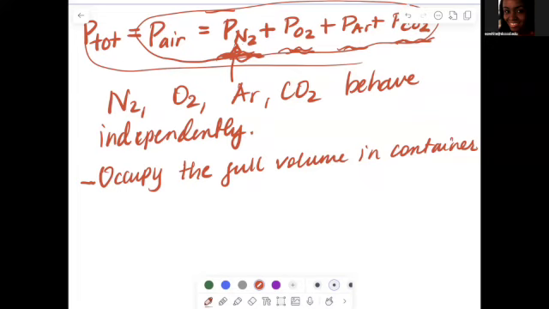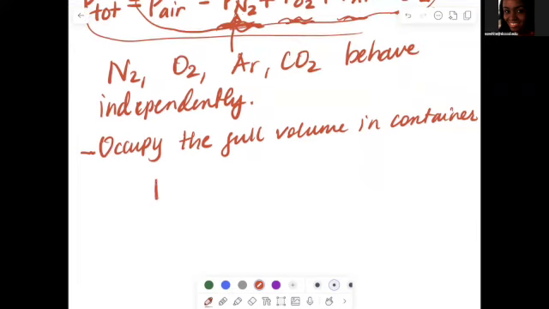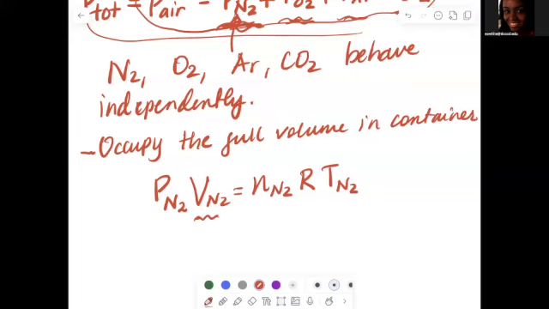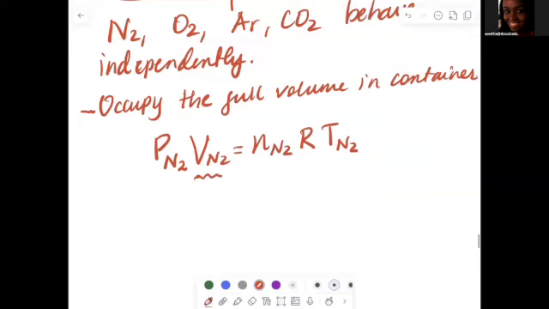So to make this simple, when you're writing the ideal gas equation for nitrogen, to get the partial pressure of nitrogen, you have P for nitrogen, V for nitrogen, equal n for nitrogen, R is for everybody, T for nitrogen. Then we can say that the volume for the nitrogen gas is pretty much the volume of the container, so we don't have to specify nitrogen here.